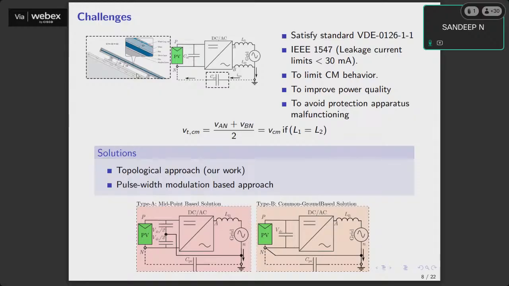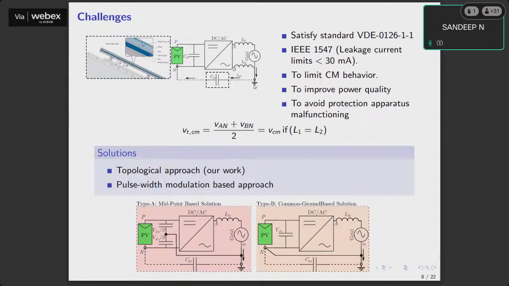This capacitance, CPV, is in the equivalent circuit. You have a PV, this is your DC link capacitor, this is your inverter, these are your inductors and the grid, and you have your PV parasitic capacitance that comes between the negative DC bus or the negative PV terminal and the ground.